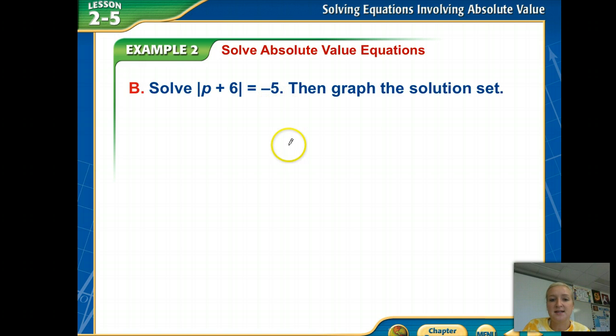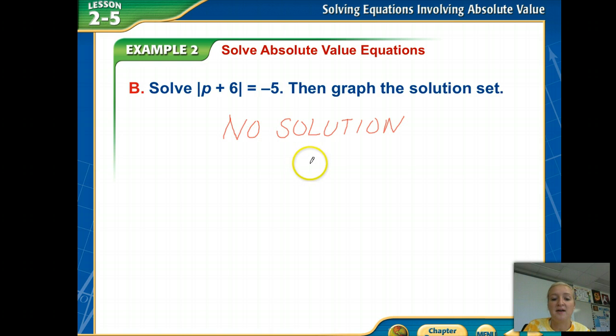Now in the previous example, we did solve it setting it equal to a negative, but the original equation was not set equal to a negative. There is no number that I could put in for p that would give me a negative answer. So if you ever see an equation that's set equal to a negative 5, your answer would be no solution.